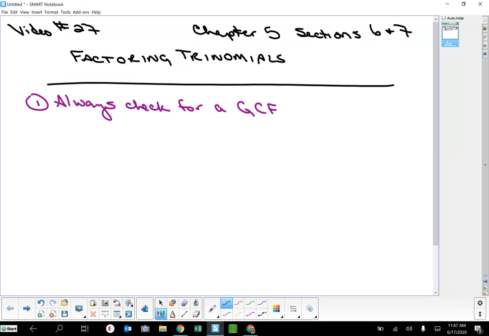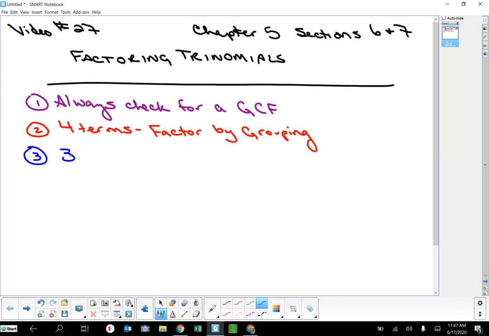What we did in the last section, for 4 terms, was factor by grouping. Today, we're going to talk about what to do if you have 3 terms, and that is factor using X method.